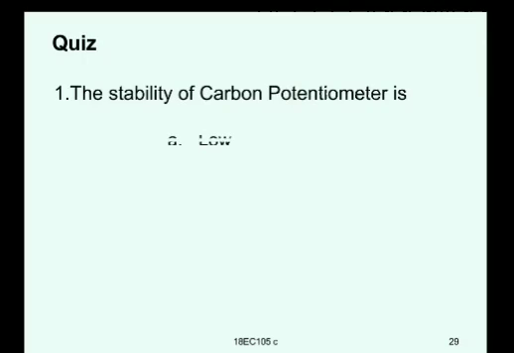Now let us see a small quiz. The stability of the carbon potentiometer is A low, B very low, C high, D very high. So we know that it is very low.